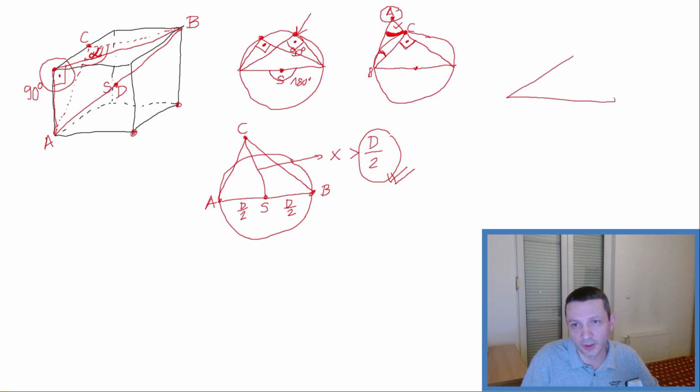We actually know that if we have a triangle, with alpha, beta, and gamma being the angles of the triangle, then alpha plus beta plus gamma is 2 right angles, or 180 degrees.